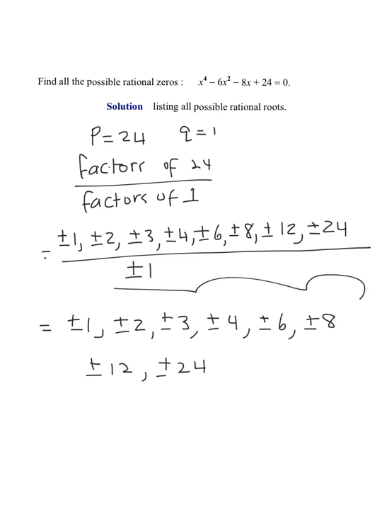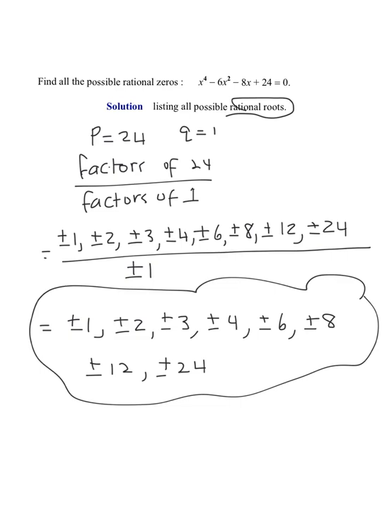So that is the list of all the possible factors. And you can see 1, 2, 3, 4, 5, 6, 7, 8. So there are 16 of them. So that's how to find the list of all the possible factors. Not the possible factors, but the list of all the possible roots.